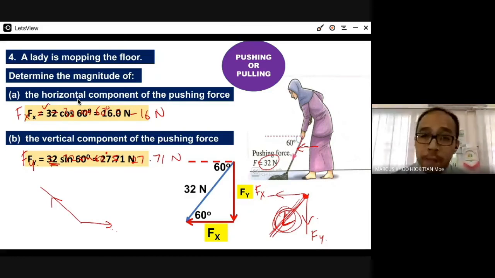But it's okay too. If you want to use negative, it's not a problem because the negative just tells you the direction of the component. In this example, they put everything as positive because they said downwards is positive, leftwards is positive. It's up to the person answering, as long as you know which direction is positive and negative for you.